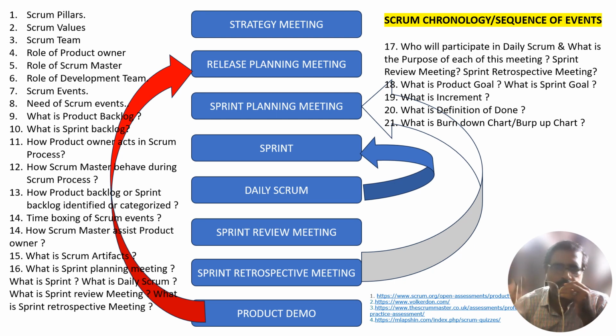So we cannot change the sprint goal at any cost, and quality we always need to maintain. The product backlog is refined as and when required, and scope may be clarified and renegotiated at any point of time with the product owner as more is learned.